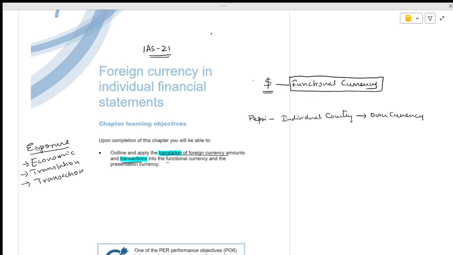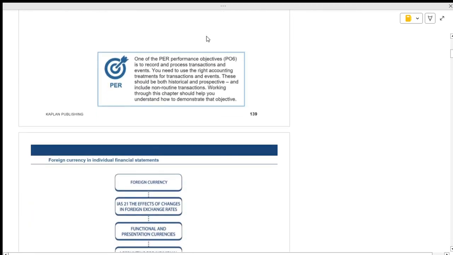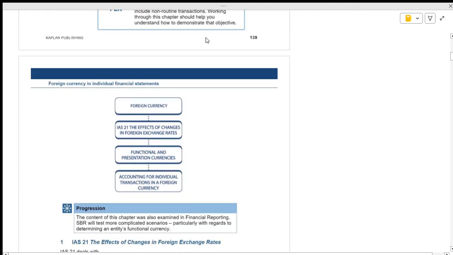We will cover functional currency, and there are two things here: functional currency and presentation currency.